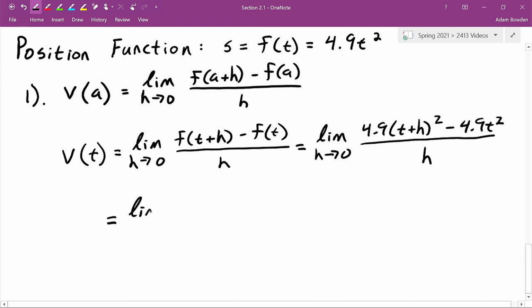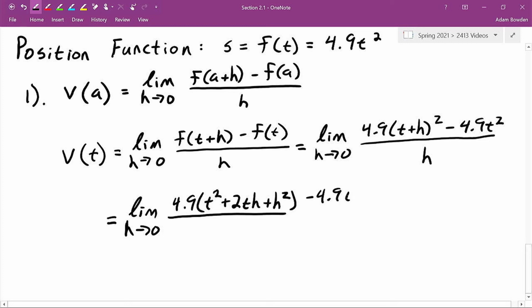That'll be equal to the limit as h approaches 0 of 4.9 times t squared plus 2th plus h squared minus 4.9 t squared all over h. We'll of course need the 4.9 here to distribute.